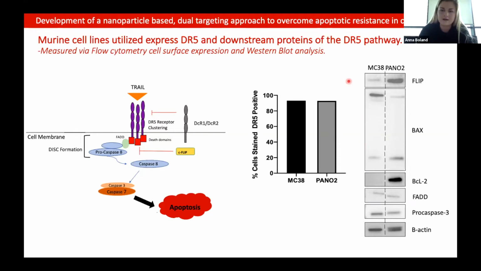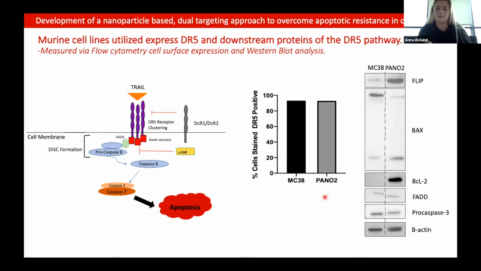Again, our key ones that I want you to bear in mind is this presence of FLIP, which is an anti-apoptotic protein, and then we also have our procaspase, which is important for actually executing apoptosis, and FADD are important adapter proteins.